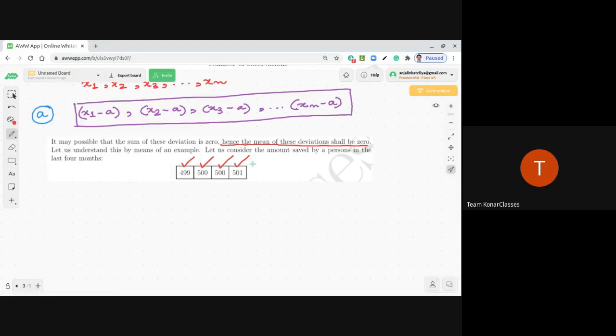Then, according to our understanding, if we find the deviation about the mean, what is the fixed value here, dear students? The fixed value, the central value, is the mean of all these 4 numbers, that is 499, 500, 500 and 501.